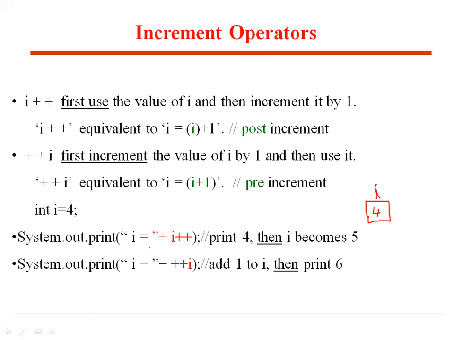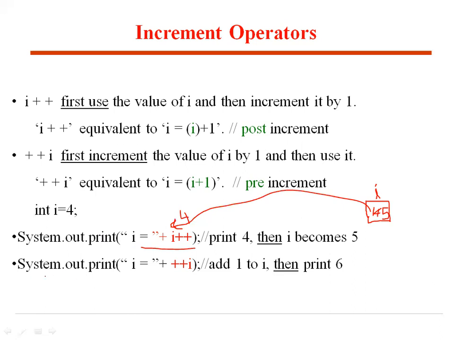Now when you write a print statement like this with i++, post means increment afterwards, so the value of i is taken first. That value is 4, so 4 is taken here. When the statement is executed, 4 will be printed first, then the value of i is incremented. After printing, i becomes 5. If you use one more println statement here, it prints the value of i as 5.